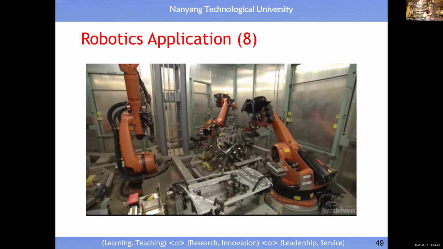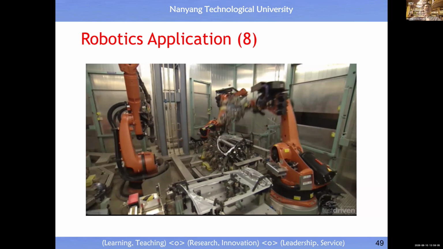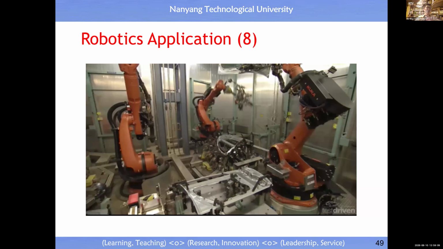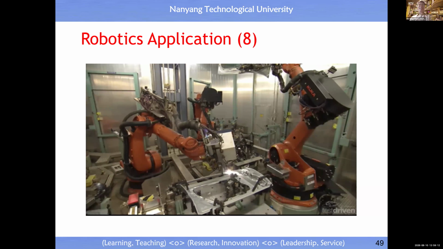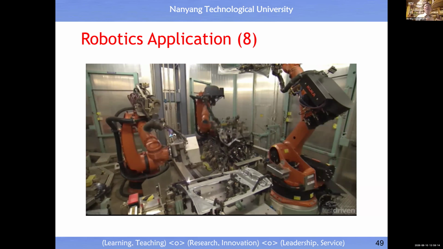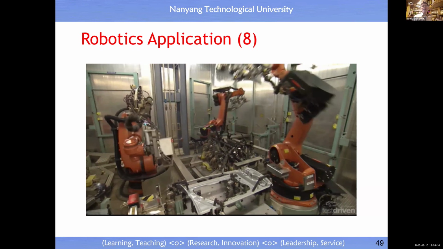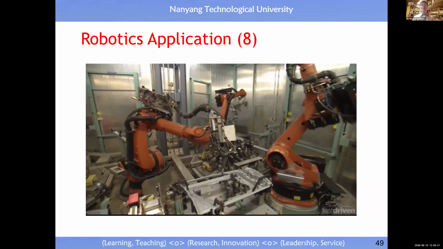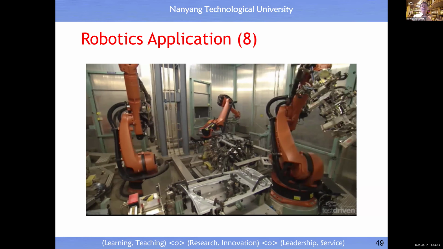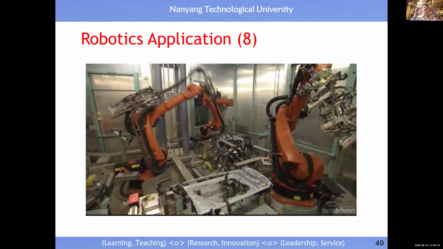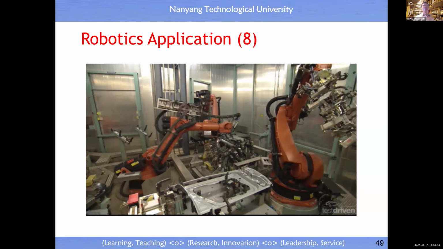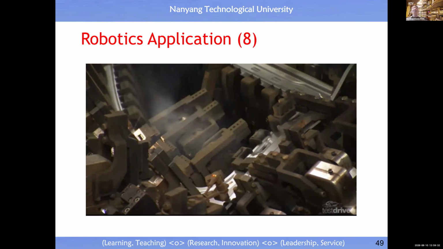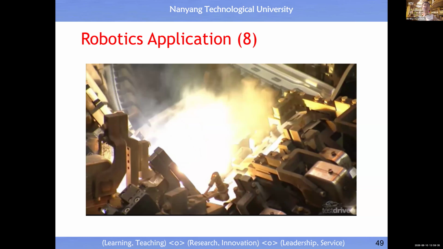I just play a little bit of this video. You see in the production line the massive deployment of robots, almost no presence of human beings. This is a typical scenario of an unmanned factory or an unmanned production line. You will see a zoom out view that gives you an impression about the number of robots on this factory floor.